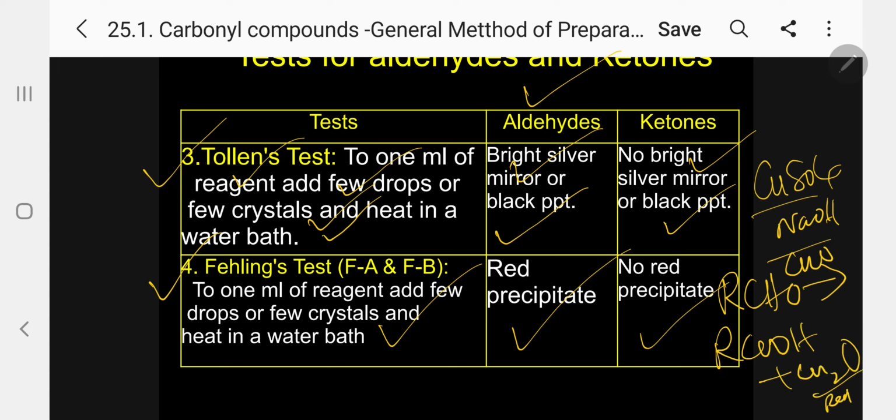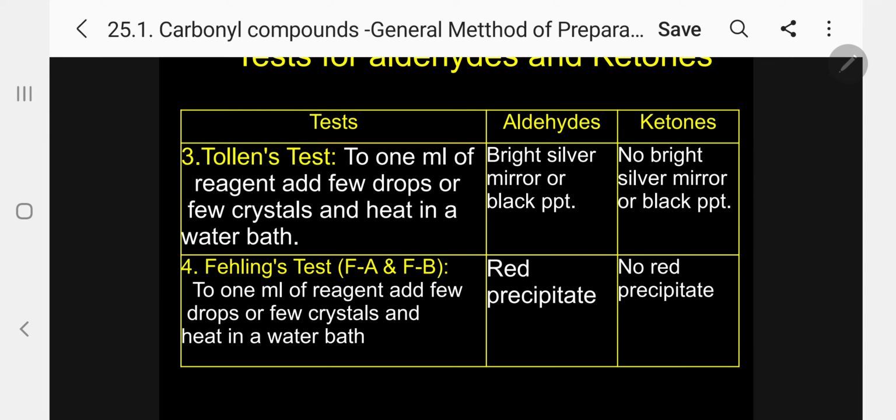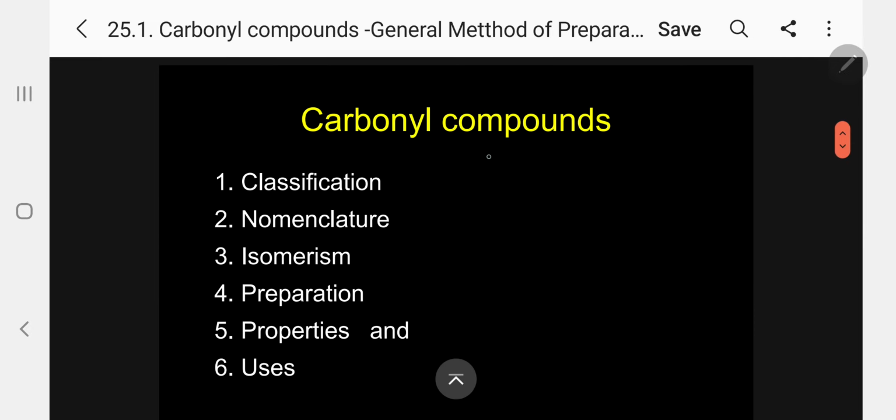So that precipitate is due to the formation of Cu2O. Kindly follow, this is important information. In the same way, in Tollens' test, it is due to the deposition of silver.